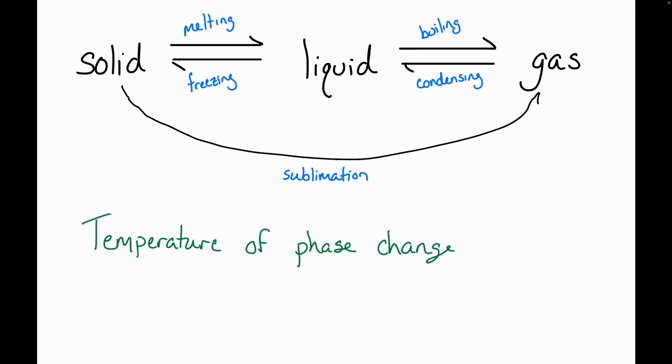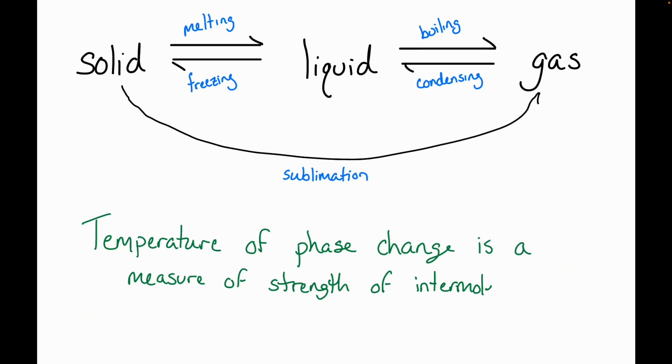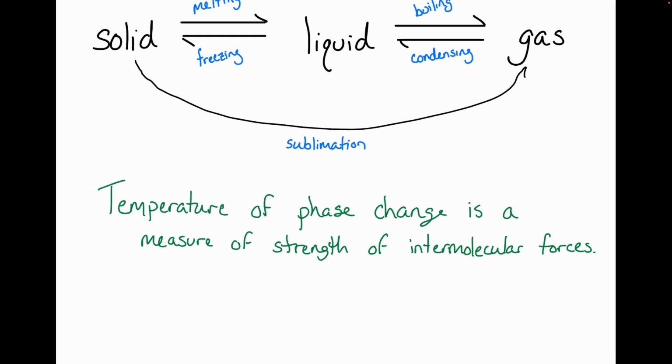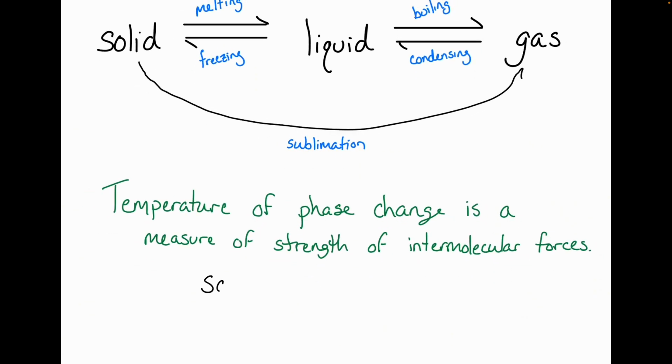All right, okay, so the temperature of a phase change is used as a measure of the strength of those intermolecular interactions, intermolecular forces. Okay? For solids, we would use its melting point.